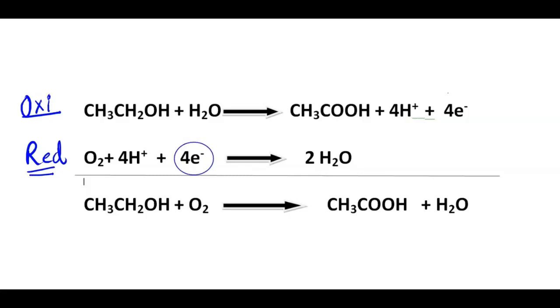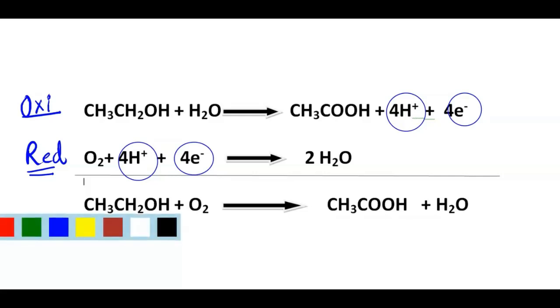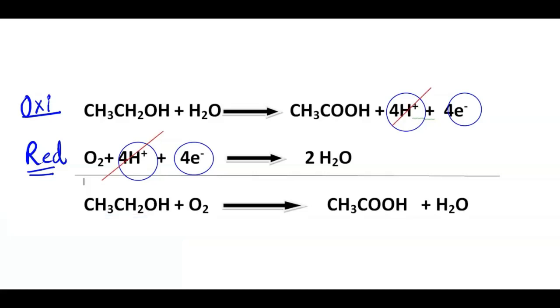The things which are similar on opposite sides of the equation will be cancelled out. First we cancel hydrogen ions, and the 4 electrons are cancelled with the 4 electrons. We also have 2 water molecules here and 1 water molecule here, so we subtract 1 water molecule from here, and we are left with 1 water molecule.